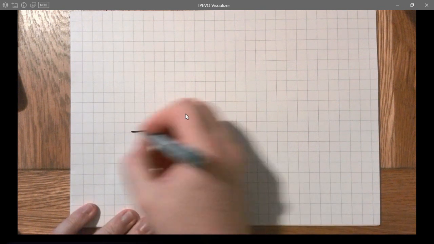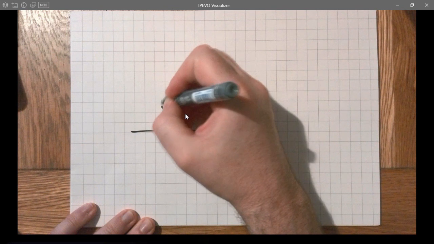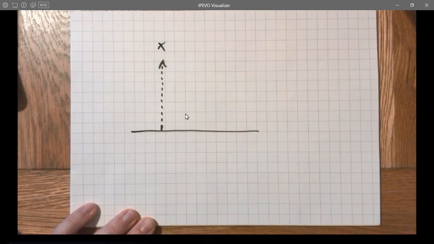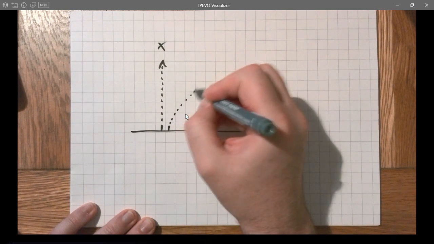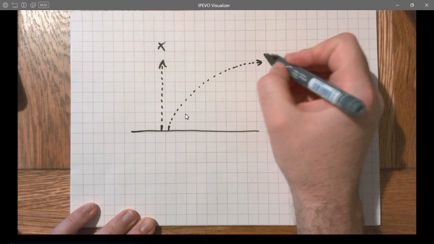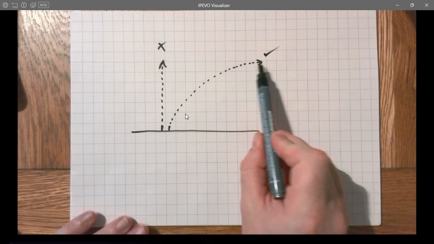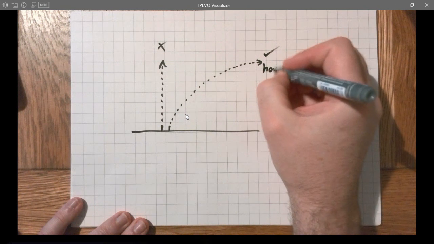So here we have the ground, and the rocket does not go straight up. It doesn't do that. What it does is it goes up in this path here, so that when it gets up into space at altitude, it's traveling fast enough horizontally.